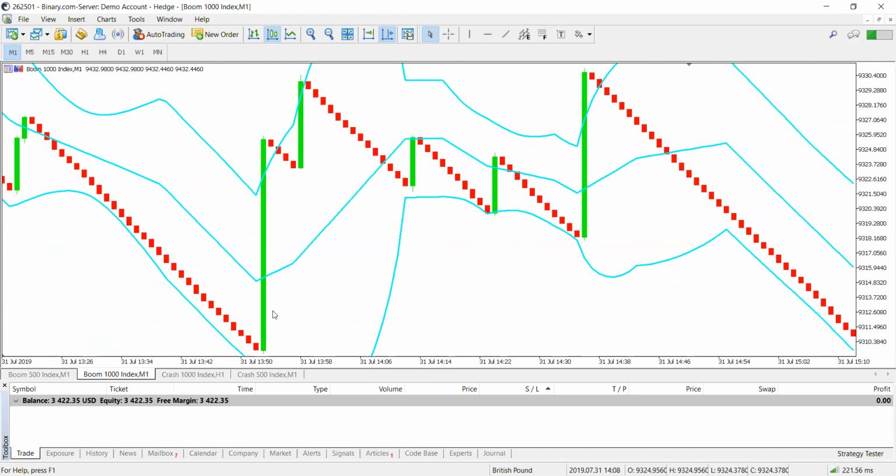The price went boom, and it went above the upper Bollinger Band, and then went down and boomed again, and then went down below the middle Bollinger Band. But the minute it touched the lower Bollinger Band, it boomed. It went down again to touch the lower Bollinger Band, and it boomed.